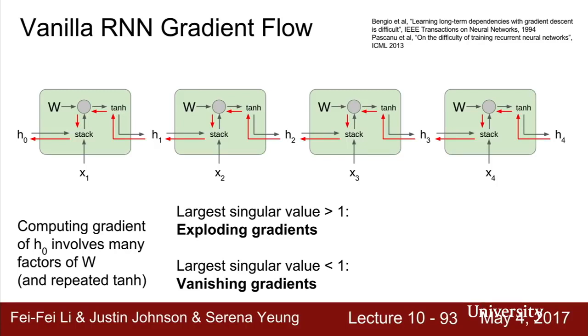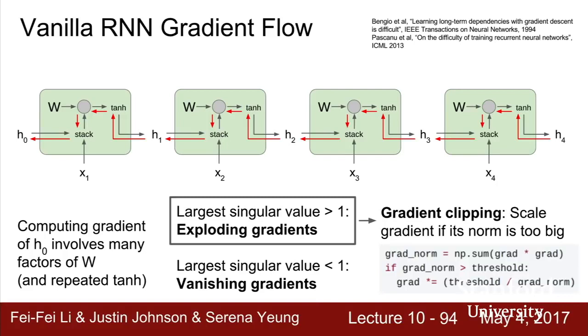That's something we call the exploding gradient problem, where this gradient will explode exponentially in depth with the number of time steps that we backpropagate through. And if the largest singular value is less than 1, then we get the opposite problem, where our gradients will shrink and shrink and shrink exponentially as we backpropagate and pick up more and more factors of this weight matrix. So that's called the vanishing gradient problem.